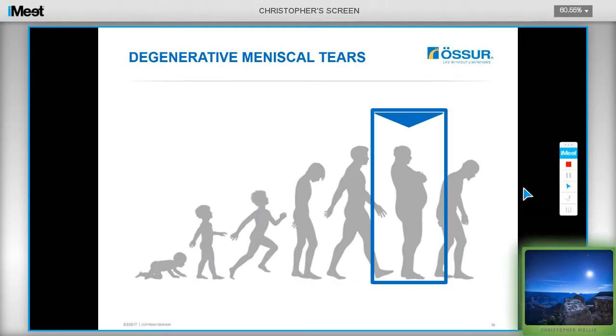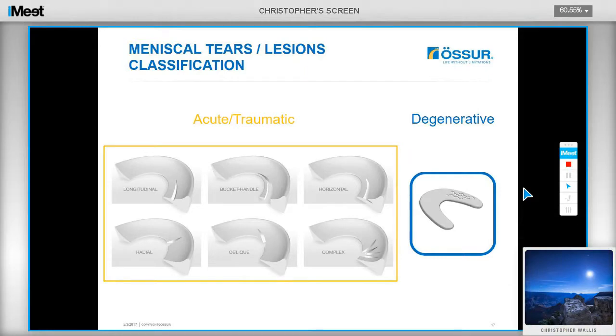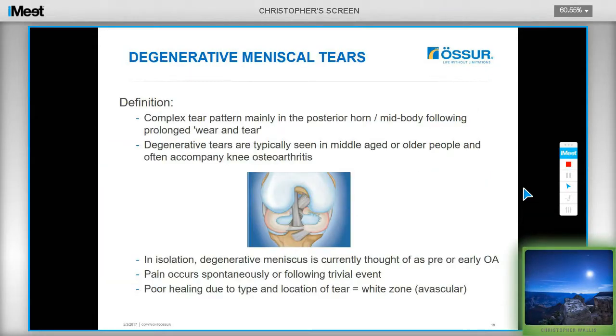So the degenerative meniscal tear is the other main category, and unlike the acute traumatic meniscal tears, these tend to affect the middle-aged to elderly patients. These tears generally have a complex tear pattern, so they're not just a nice clean tear.